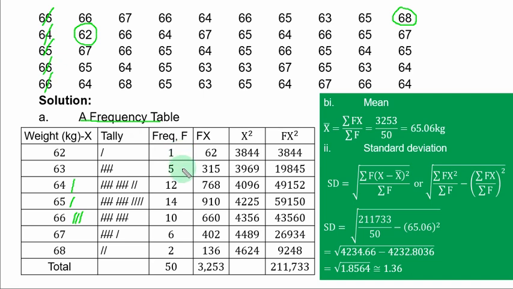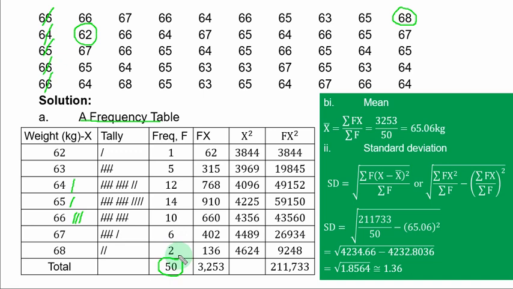For 64, you have 12. For 65, you have 14. For 66, you have 10. For 67, you have 6. For 68, you have 2. If you add all together, you have 50.